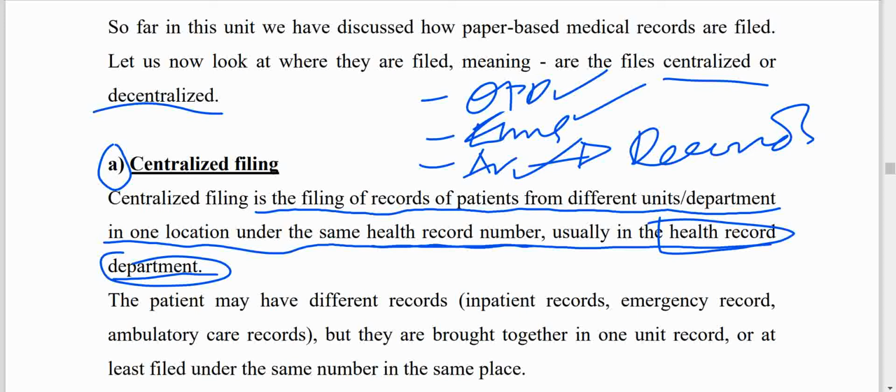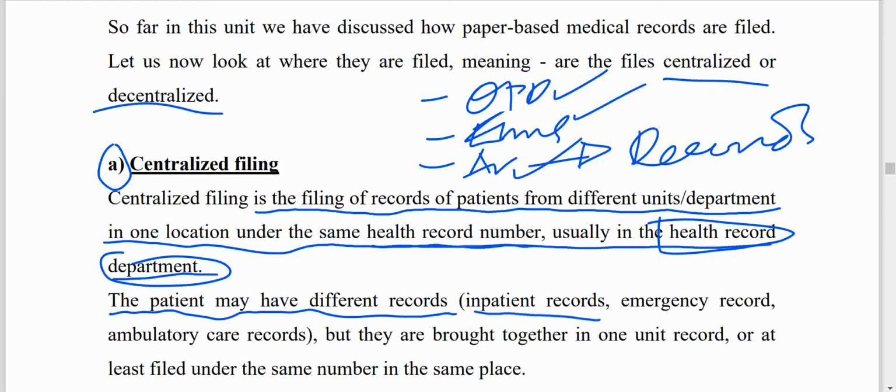It doesn't matter where you were treated, it doesn't matter where your records were generated, but all that matters is that all these records are collected and filed, then stored in one location within the medical record department, and they should be stored under one health record number, because the patient may have different records.